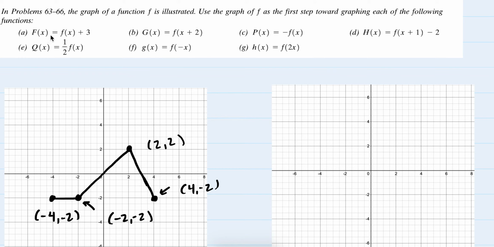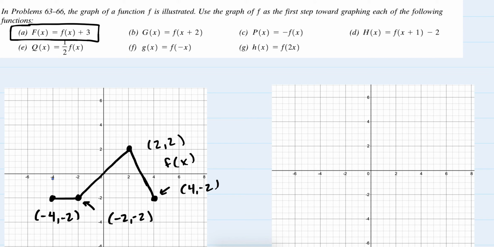So let's go with this easy one, a plus 3. What does that mean I do to this function? This function is f of x. If I put plus 3 on it, what's going to happen to it? Well, I'm just going to take this graph and shift it 3 units up. So let's do that. You see I have each 2 tick marks as a unit.